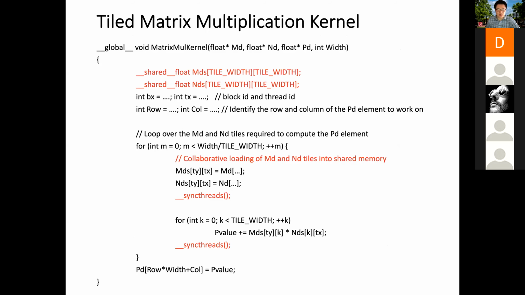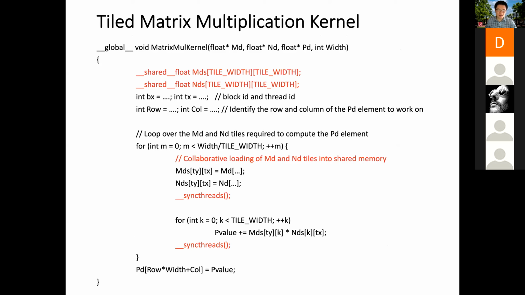Here is the same thing. You need to play with different tile sizes of the thread block for the shared memory, because shared memory is similar to the L1 or L2 cache in the CPU. You have to play with the tile width to make sure that you fully utilize the shared memory.